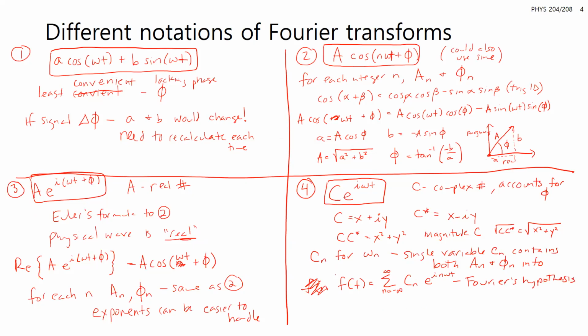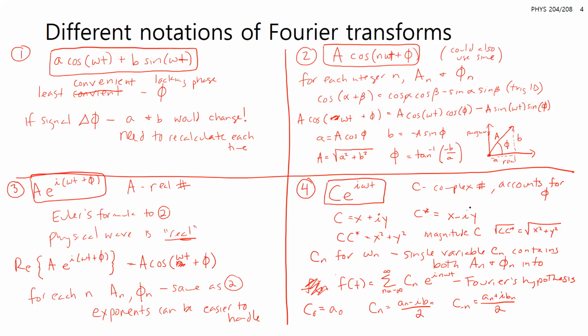Then relating this fourth notation to some of the other notations, some of the relationships would be your constant at a value of n equals 0. So C naught would be equivalent to A naught. For positive values of n, Cn would be An minus i Bn divided by 2. And then for any negative values, it would be An plus i Bn divided by 2.